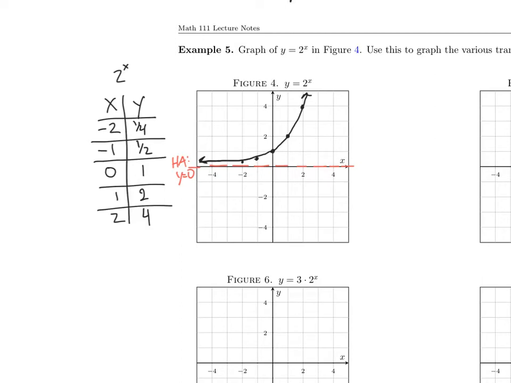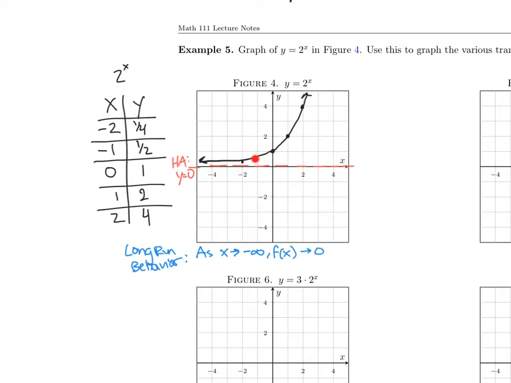The last piece I want from you is to write down the long run behavior. So the long run behavior for us is as x goes to negative infinity, f of x goes to 0.